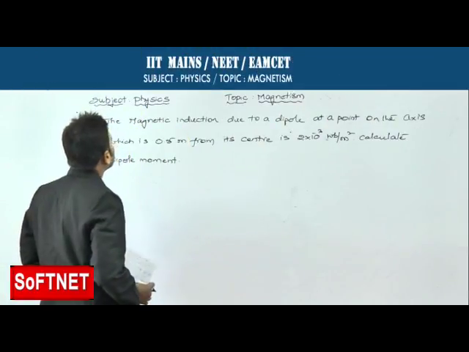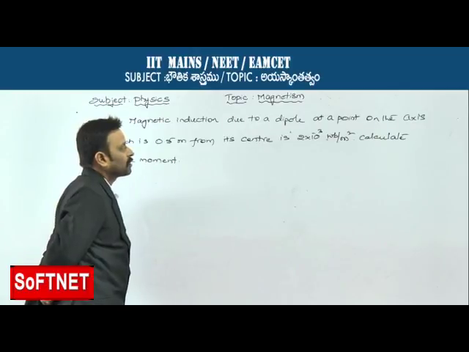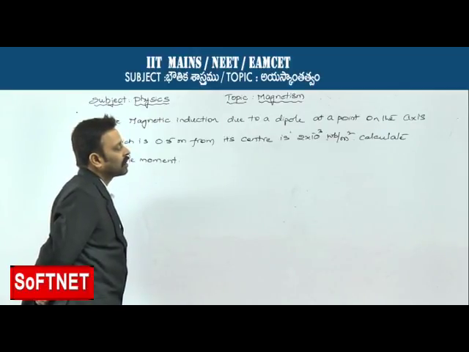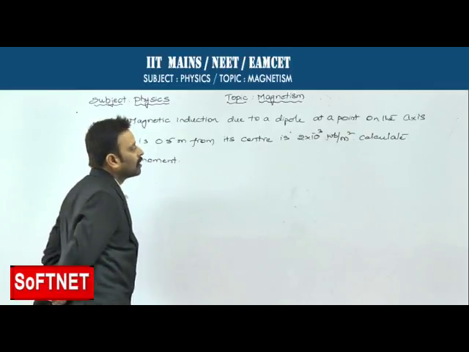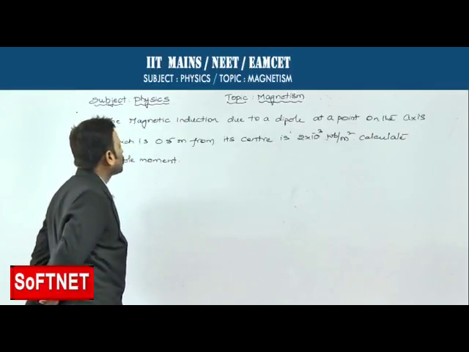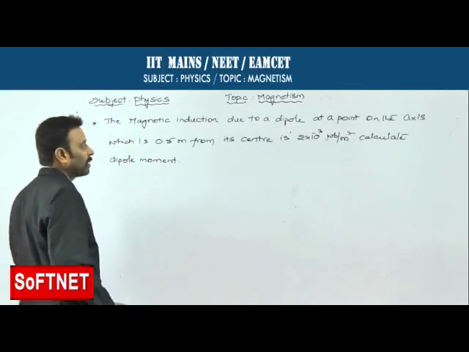The next problem: the magnetic induction due to a dipole at a point on the axis which is 0.5 meters from its center is given as 2 10 power minus 3 Weber per meter square. You are asked to calculate the dipole moment of the magnet.